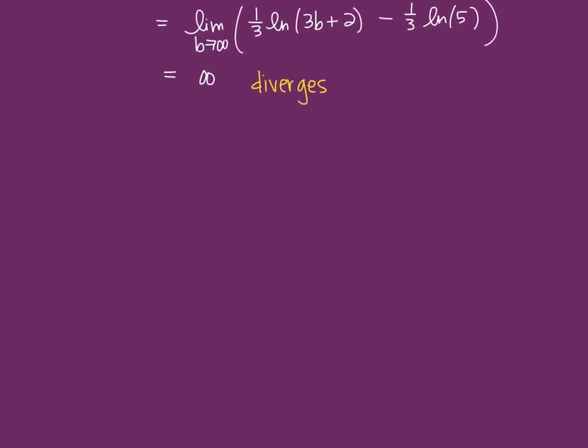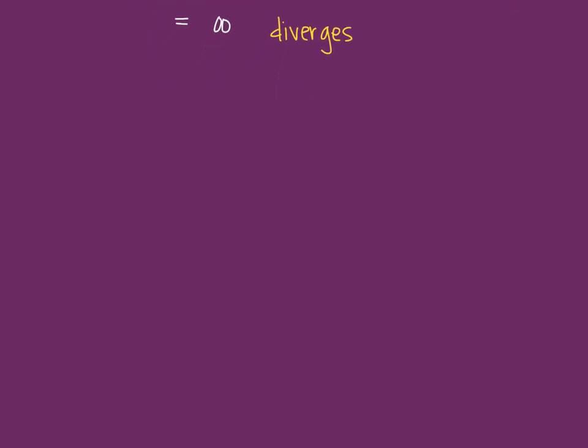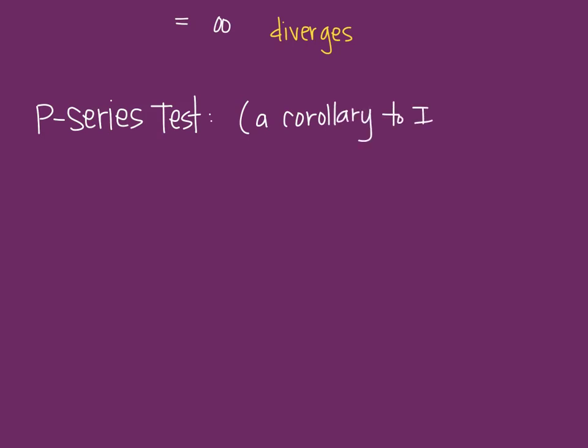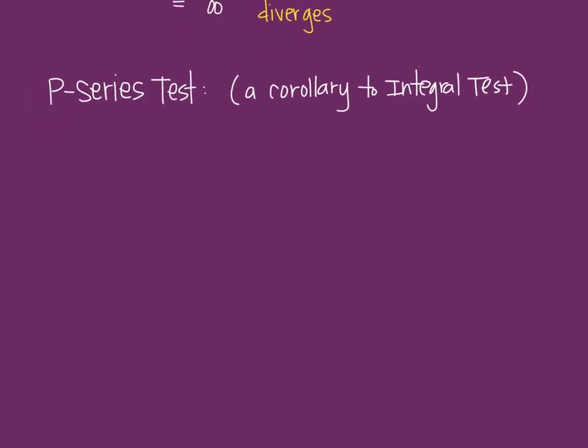Okay, let's keep going. Another one. Well, this one leads to 2 other subtests, but they have their own name. Okay, this one is called the P-series test. It's a corollary to the integral test. It's like a sub-case in certain cases.